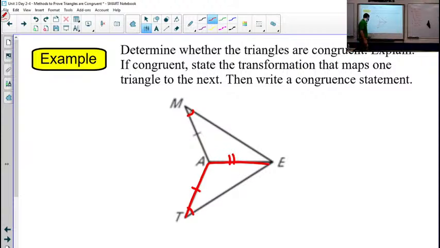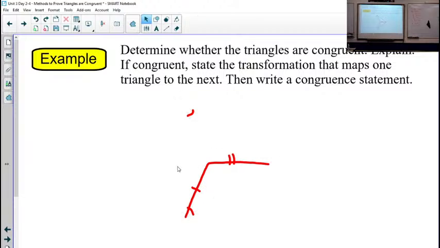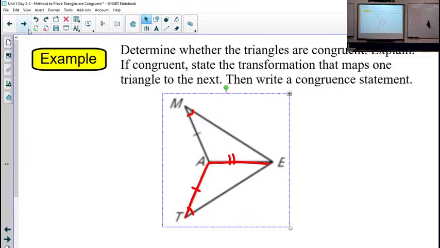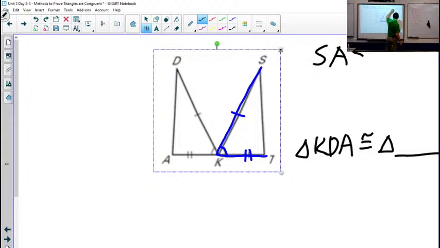I got reflexive property. The angle, well, it's off over here. It's not the one that's included between the two sides. So that's your difference between included angle and not included angle. But this one does have the included angle, so we can do this by side, angle, side.